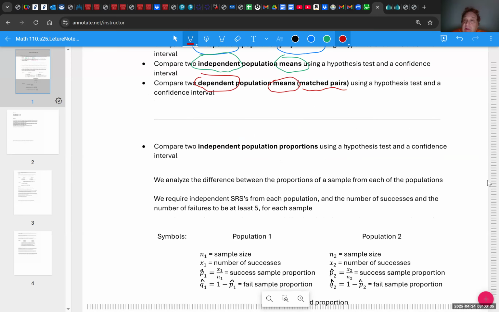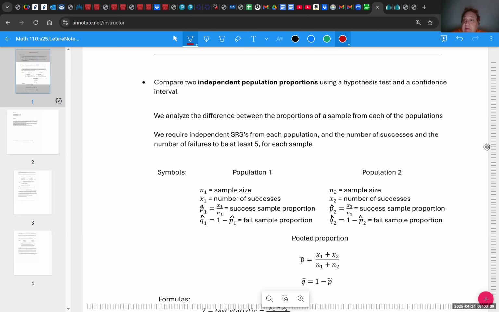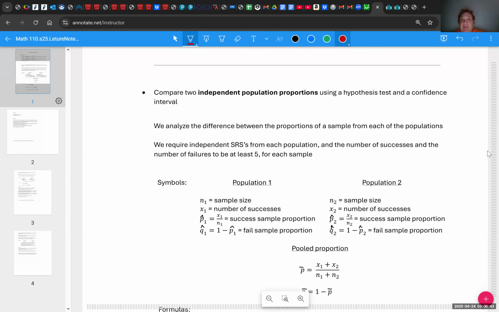Okay, so the first learning objective was the independent population proportions. So we're going to be looking at two populations and comparing the proportions of those two things. So population one, population two. That means we need to take a sample from each of the populations. So we have some symbols over here where we have n with a little number one down below. It's called a subscript.